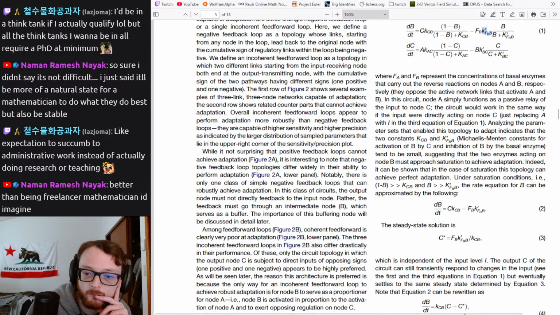In the case of saturation, this topology can achieve perfect adaptation. Under saturation conditions, 1 minus B is much greater than KCB.